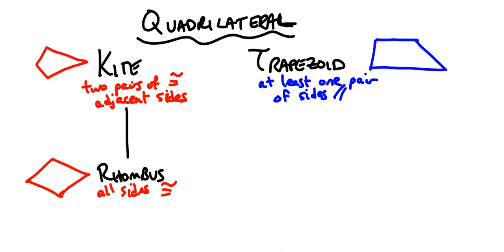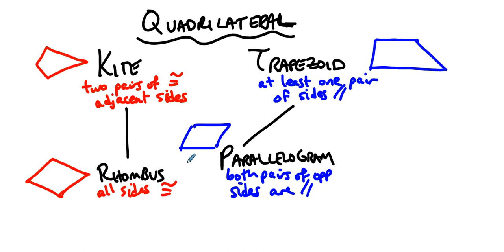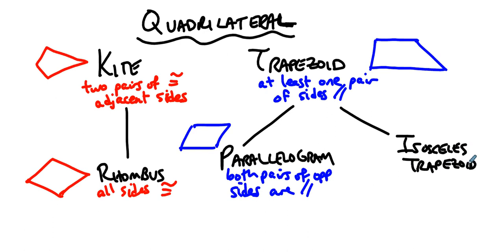Now, trapezoids break off into parallelograms if both pairs of opposite sides are parallel, right? That's this shape. Or you could be special if two of your sides are congruent.